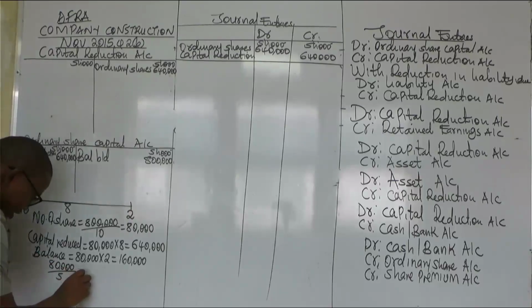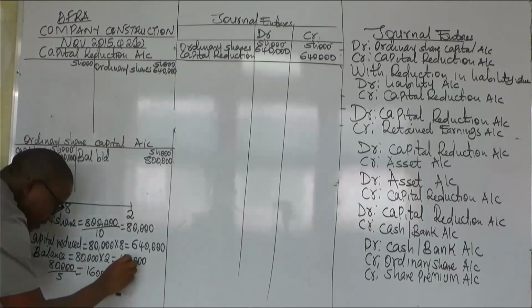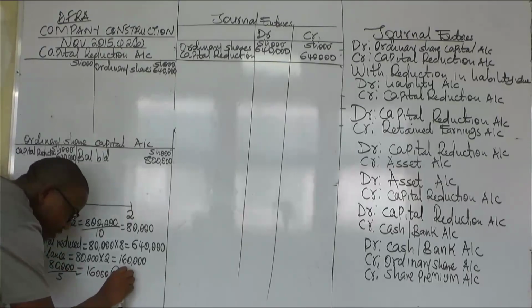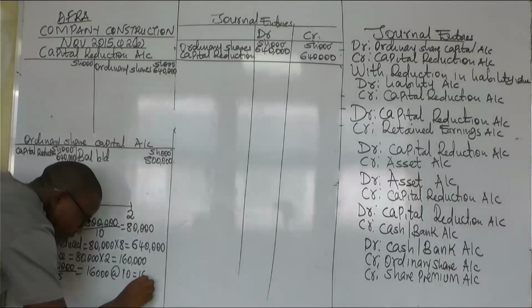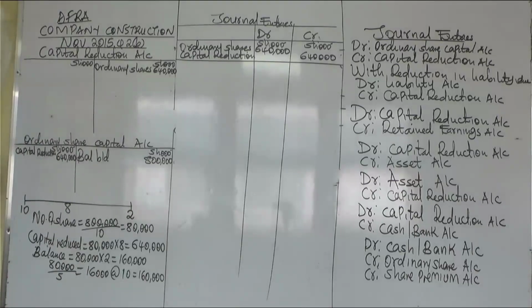Inakuwa how many shares? 16. So hii itakuwa 16,000 shares of shillings 10. So consolidated shares, right now is having how many shares? 16,000.